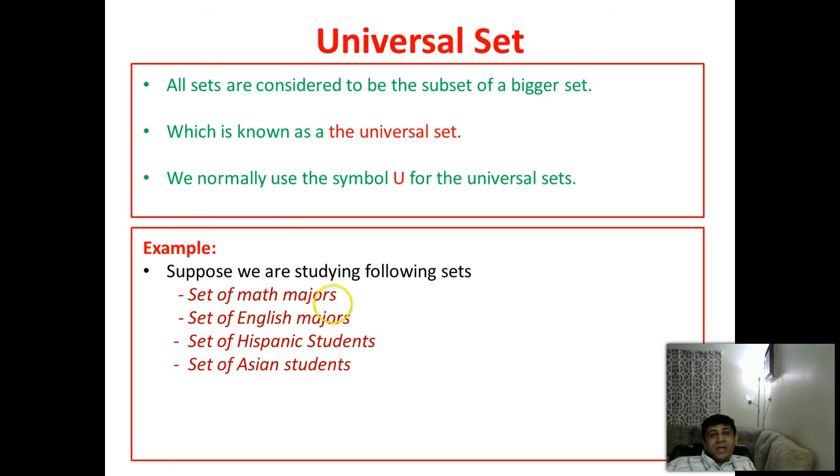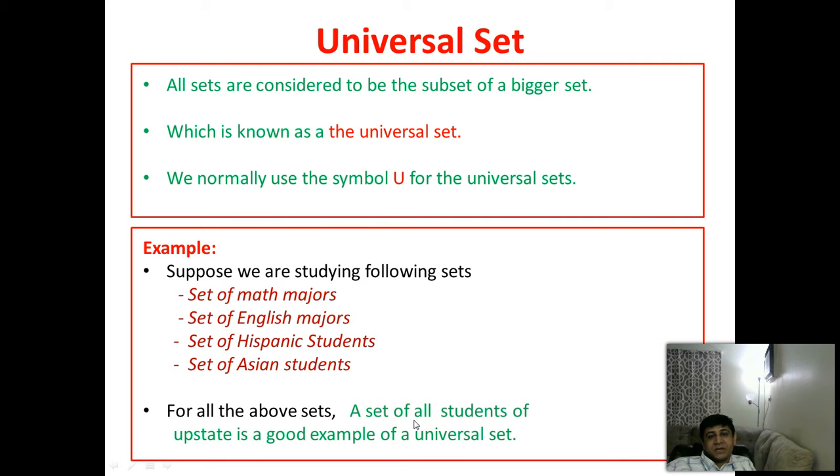For any of these sets under consideration, the set of all students of USC Upstate will be a good example of a universal set, because it's a bigger set than all of the above. It can serve as the universal set for all those.